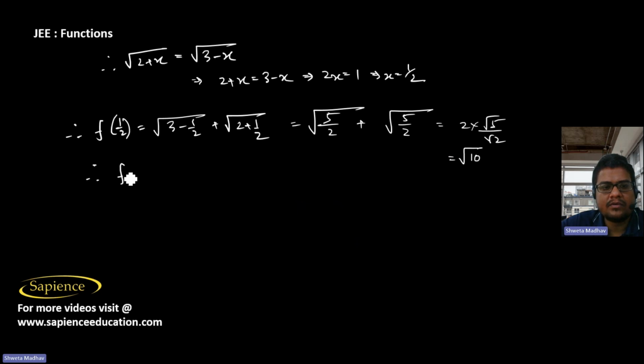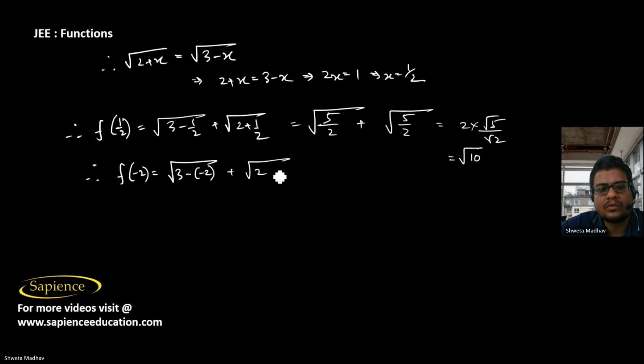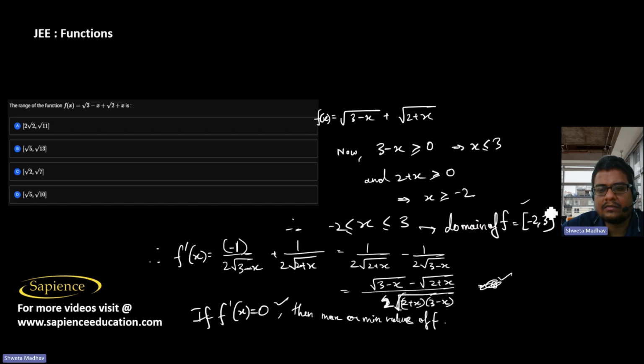And then similarly f of minus 2 will be root over 3 minus of minus 2 plus root over 2 minus 2. So this will be 0, this will be root 5. And similarly f of 3, we have to find the values of f at the endpoints of x.